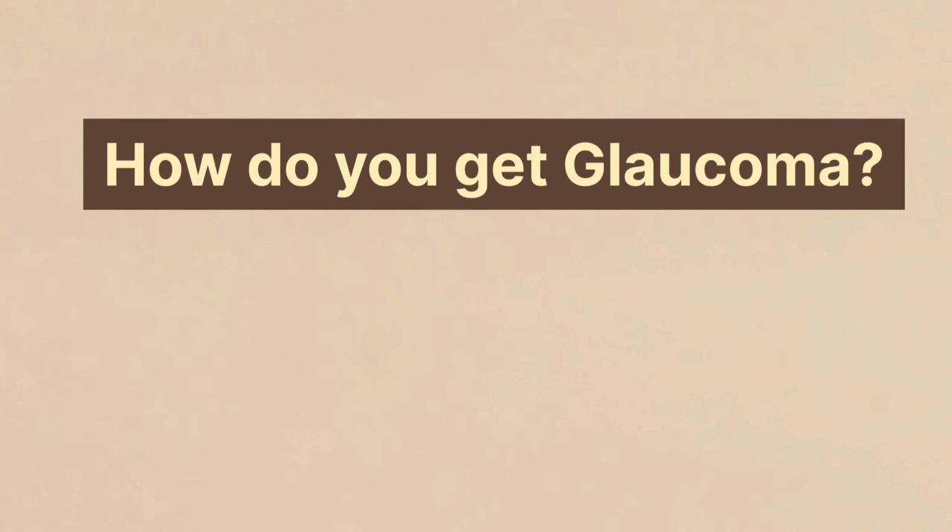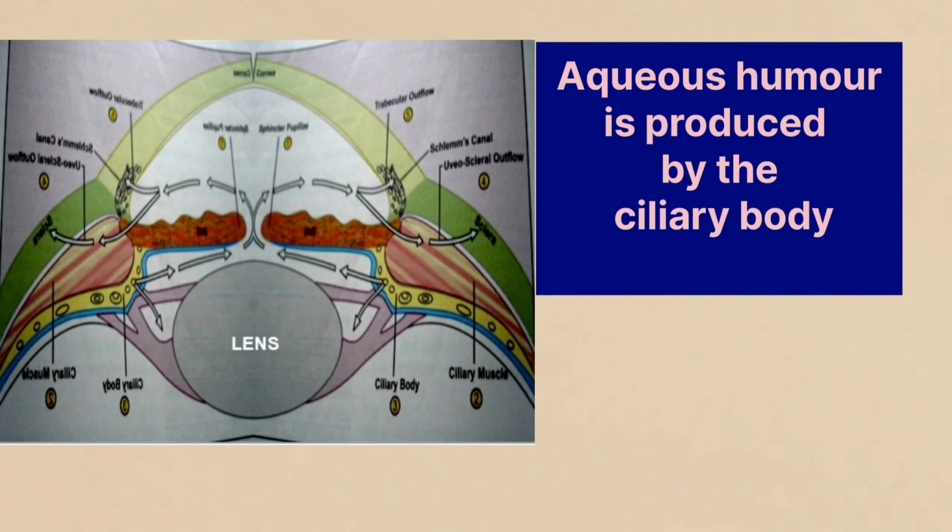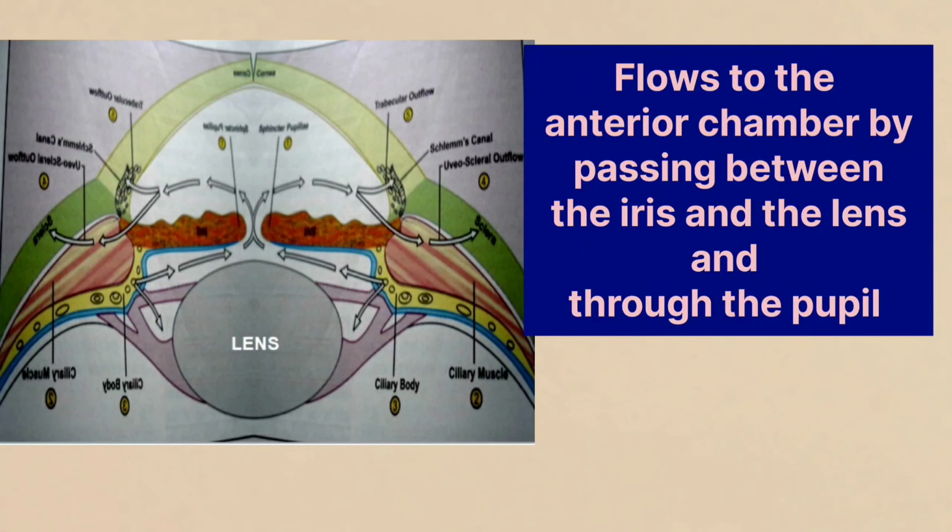How do you get glaucoma, or what are the causes of glaucoma? Elevated eye pressure, or intraocular pressure, is due to buildup of fluid, aqueous humor, that flows throughout the inside of your eye. The aqueous humor that is produced by the ciliary epithelium flows to the anterior chamber by passing between the lens and the iris.